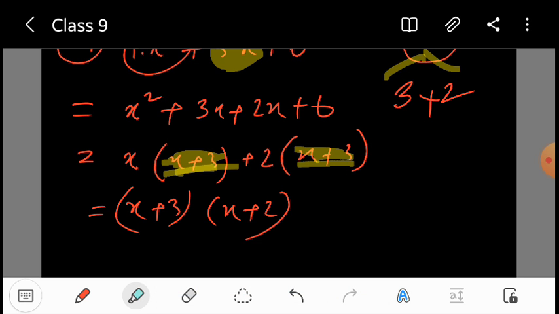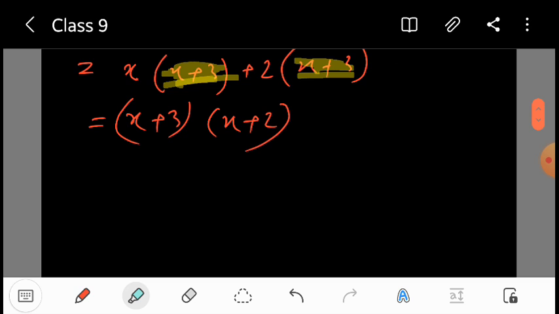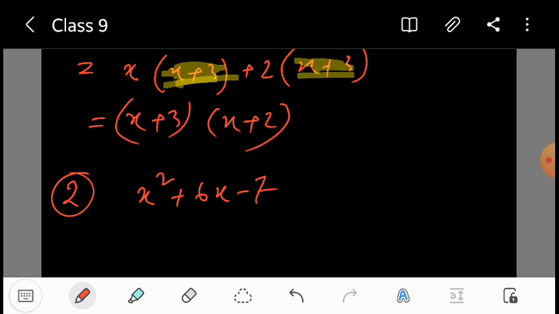Now for question number 2, we have x square plus 6x minus 7.